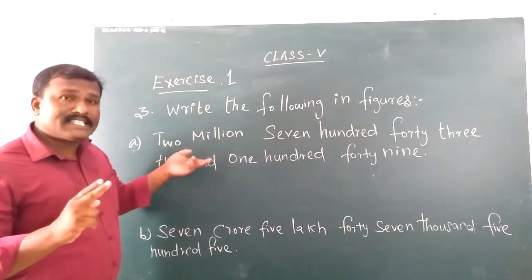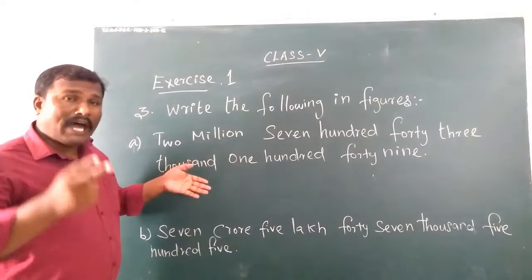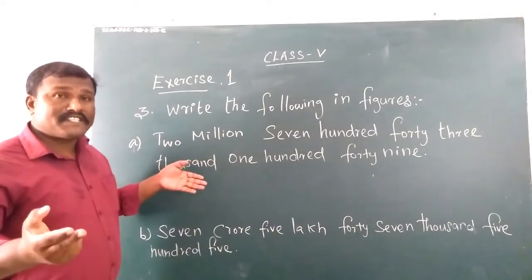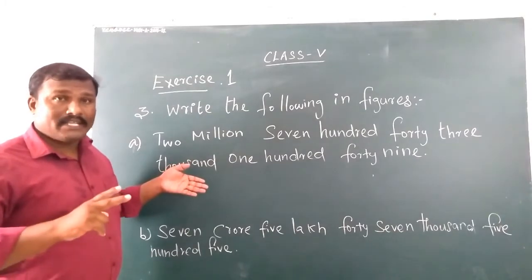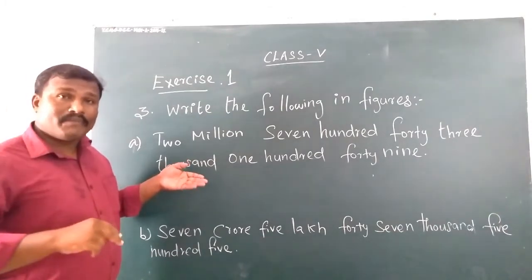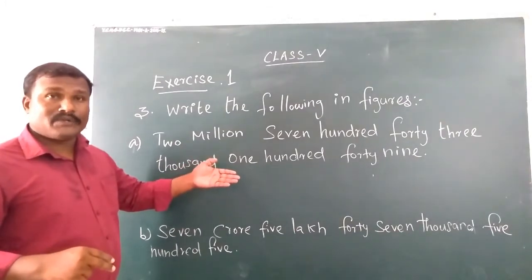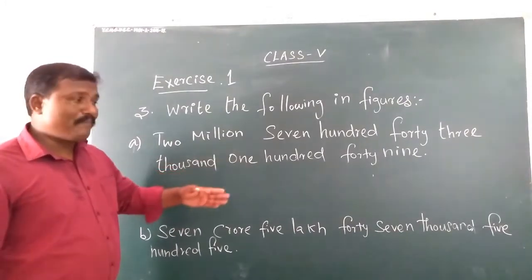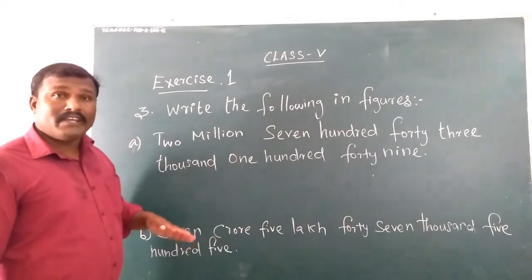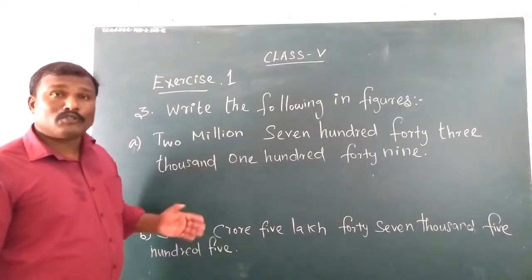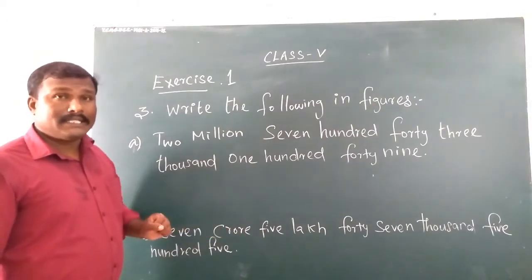First, read these words and identify whether the given words are in the international number system or the Indian number system. If international, we have to use the international number system place value table and then convert into numeral form. If Indian, we have to draw the Indian number system place value table, then convert into numeral form.